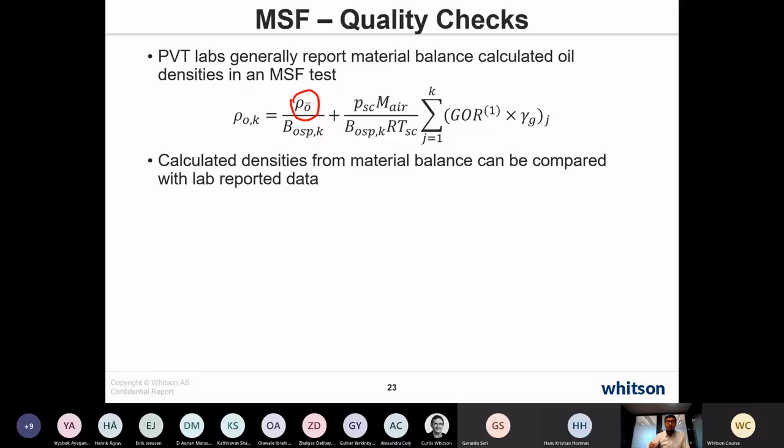This is the equation that we saw before, the material balance equation. So what we can generally do is calculate the oil densities with the same material balance and see if they coincide with the PVT lab report. So it's not really a QC. It's just replicating what the lab is doing and seeing if the values are consistent with the lab report.